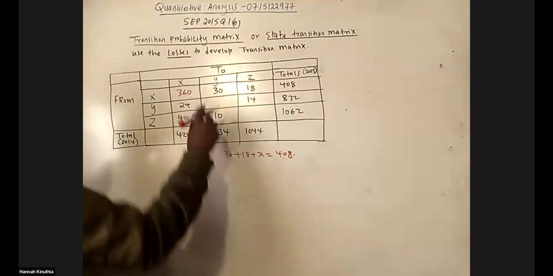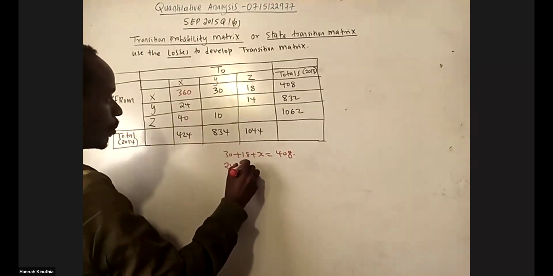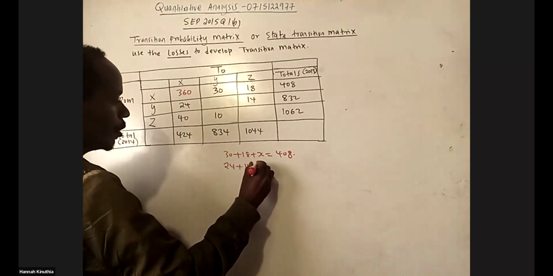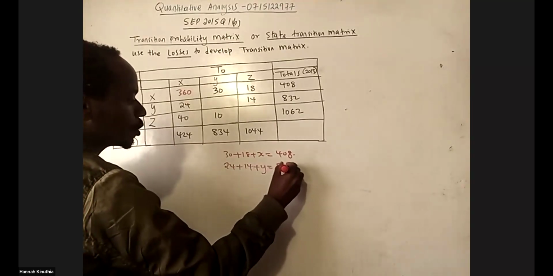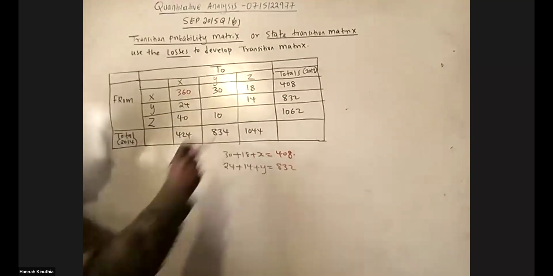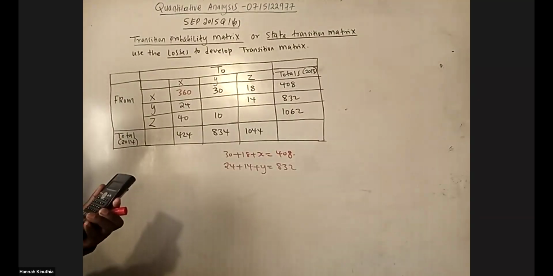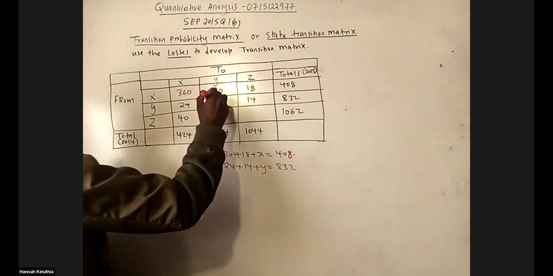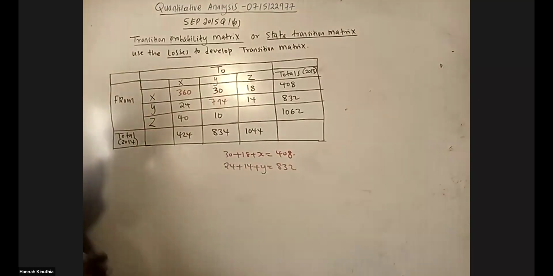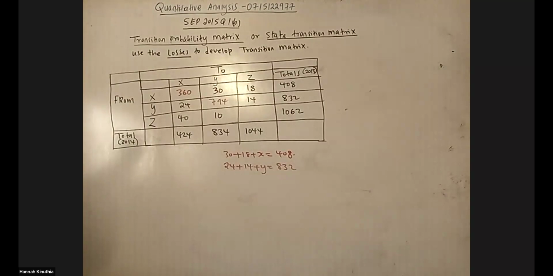Next. 24 plus 14 plus y must give you 832. So what will be the value of y? It will be 832 minus 24 minus 14, which is 794. Are you getting 794?